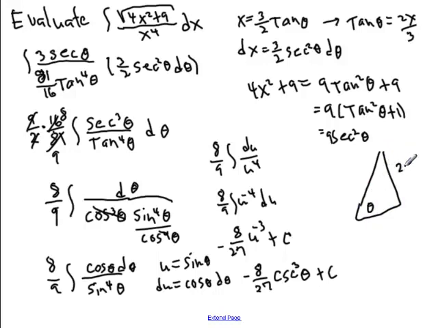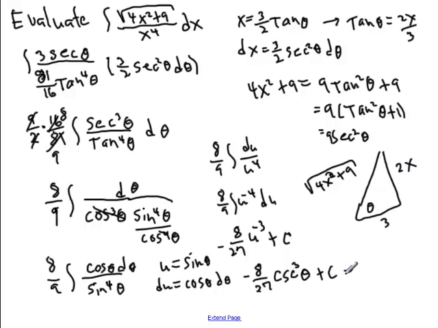The tangent is 2x over 3, opposite over adjacent. Okay, and then the hypotenuse is the square root of 4x squared plus 9. Okay, so let's see, what is cosecant? Cosecant is the reciprocal of sine. So sine would be opposite over hypotenuse. So this is hypotenuse over opposite.